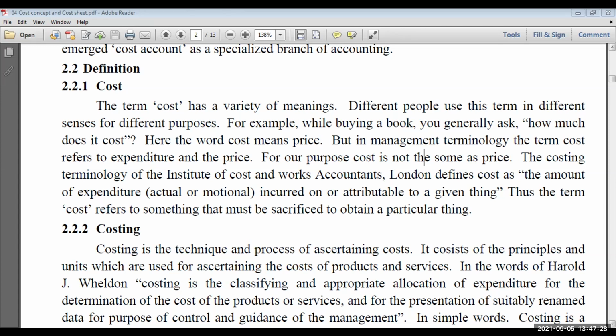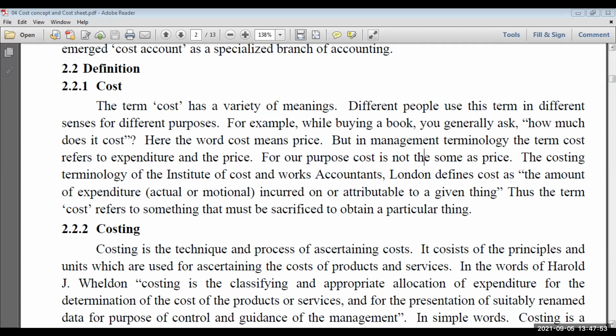Please understand. But the place or the purpose for which the indirect cost is incurred will classify the overheads into different categories. I repeat again, the purpose or the place for which the indirect cost is spent will determine the name of the overheads.